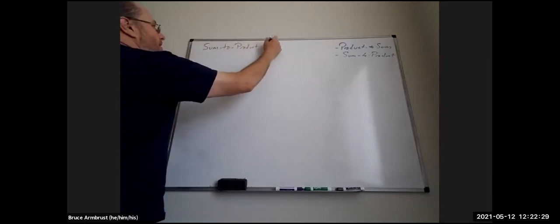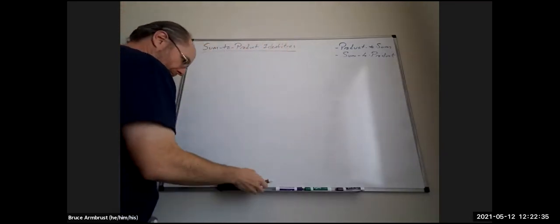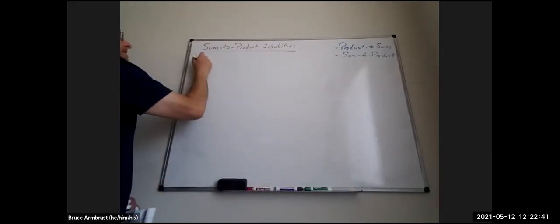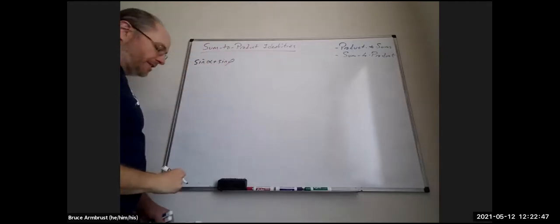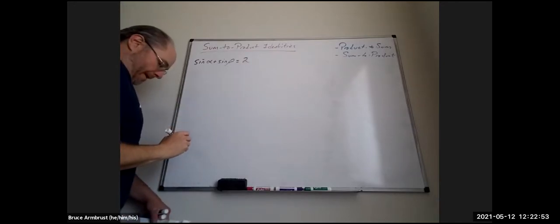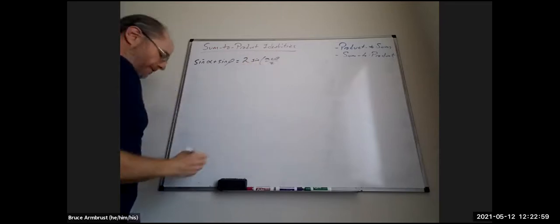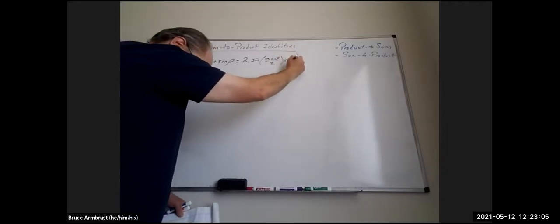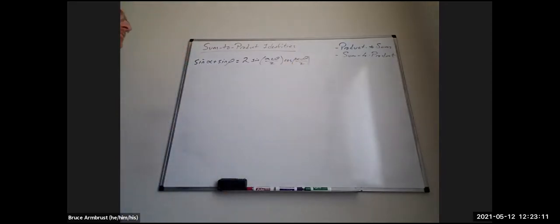But let's just go ahead and get these up here. All right, so the first one is sine of alpha plus sine of beta. Okay, so we're going to have two sines that we're adding together. You can actually turn this into a multiplication. It's going to be 2 times the sine of alpha plus beta over 2 times the cosine of alpha minus beta over 2.